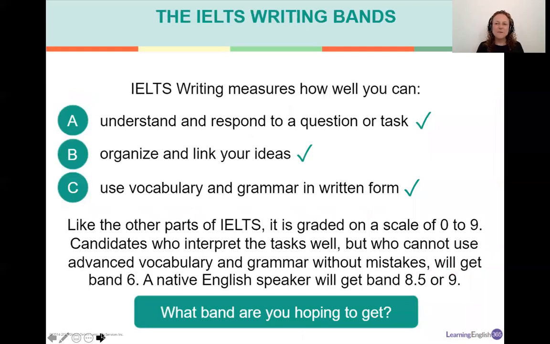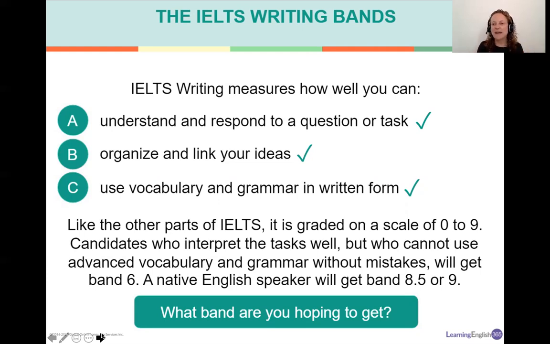So what is it? What's the IELTS writing test? What's it looking for? Okay. And how do you score a high, how do you obtain a high band score? We will look at the exact criteria in a moment, but essentially what the IELTS writing test is asking you, or is challenging you to do, is to understand and respond to a question or task.